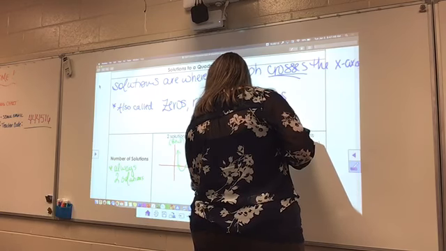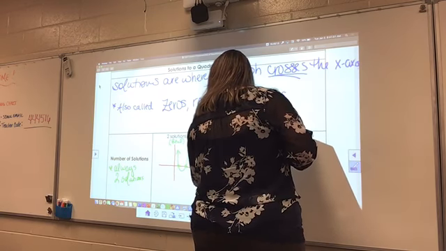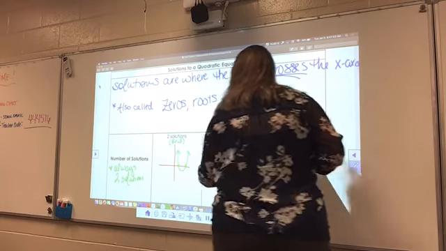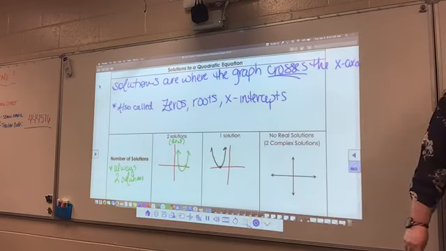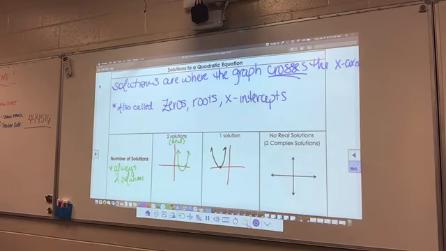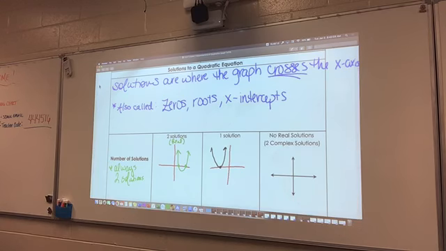Okay, so this one, notice it does say one solution, but remember what solution says, is where the quadratic is crossing the x-axis. Notice when the vertex is sitting on the x-axis, it's only touching it one time. That's why it says one solution. However, remember there's always two.